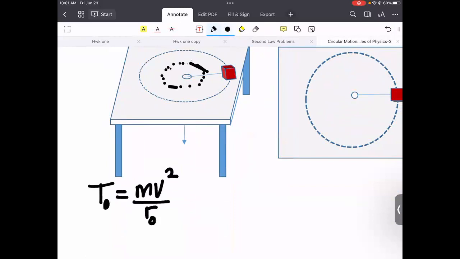And then let's take the new radius to be 1/4 of the original radius. So we are going to write here the new tension will be mass, which will be the same, velocity will be the same, divided by the new radius. The new radius, Rn, represents the new radius.